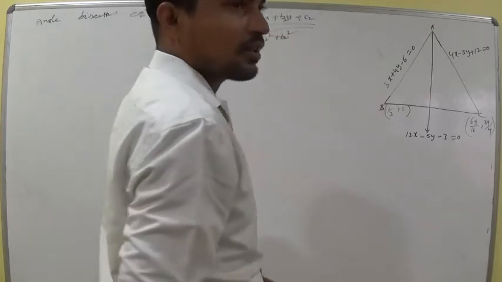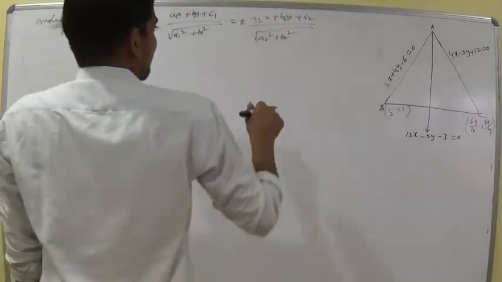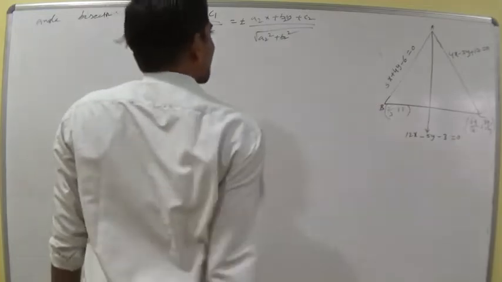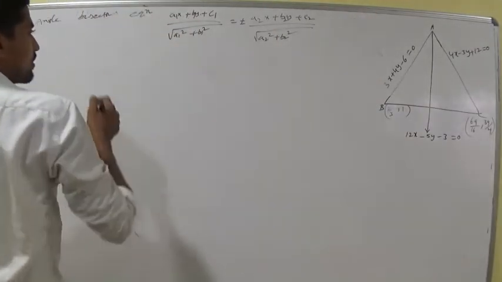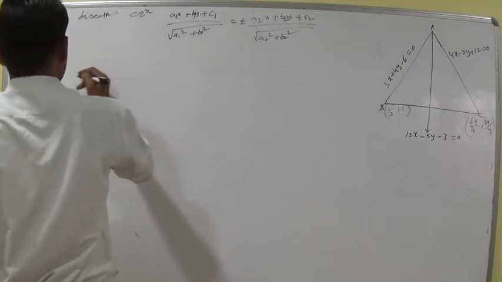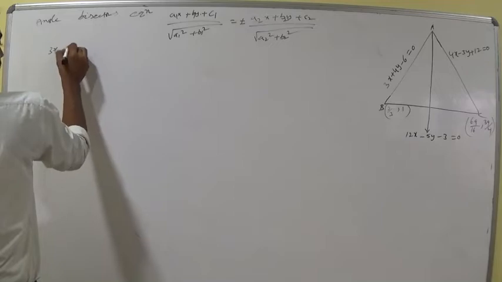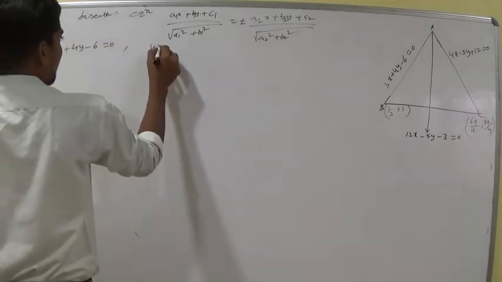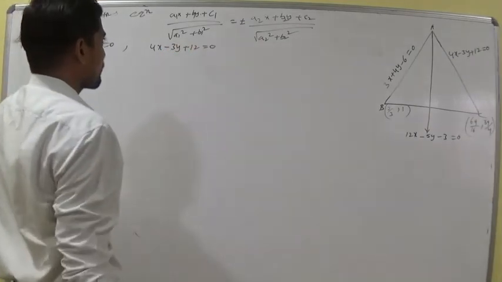So here we should consider the lines 3x plus 4y minus 6 equal to 0 and 4x minus 3y plus 12 equal to 0.